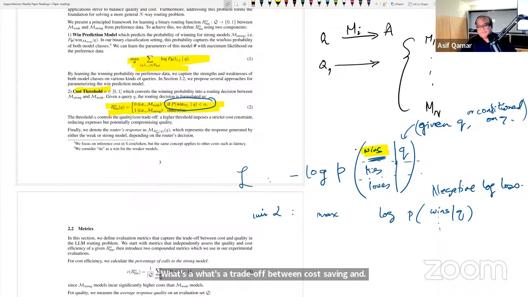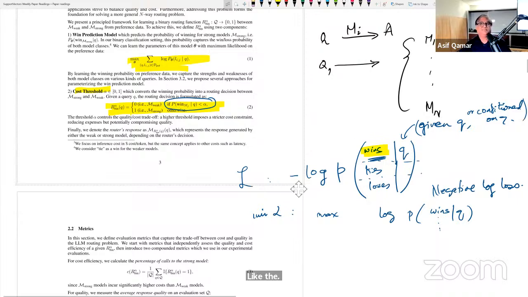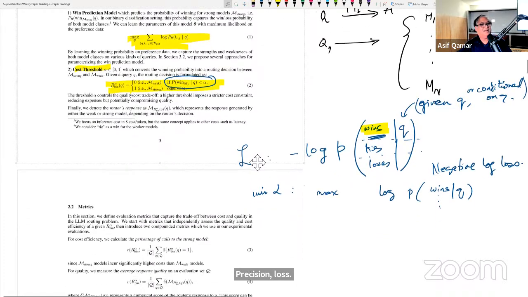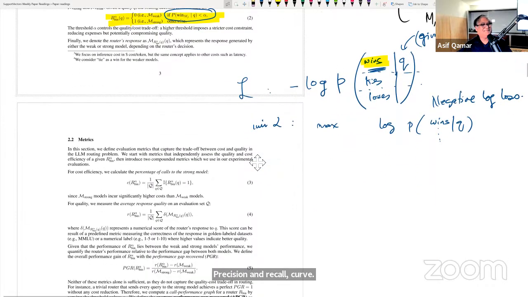So those of you who are familiar with classifier theory, you might remember something similar; it rings a bell. Do you remember the precision and recall curve, or the area under the ROC curve?